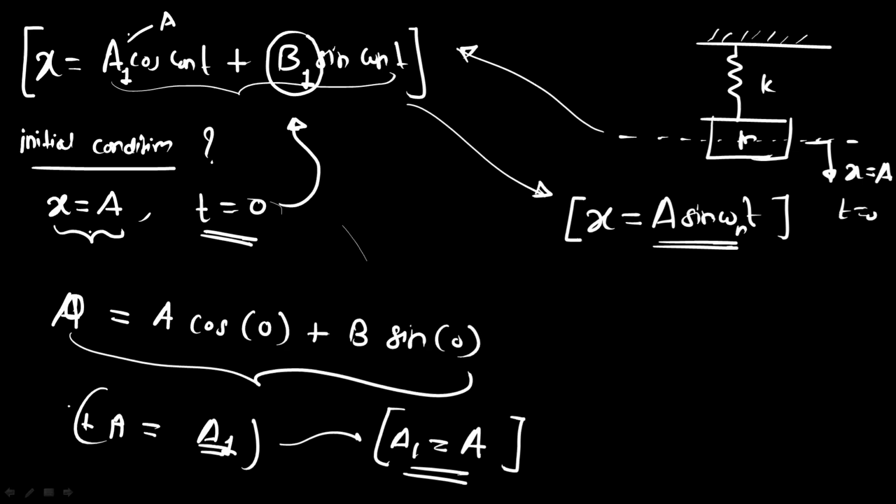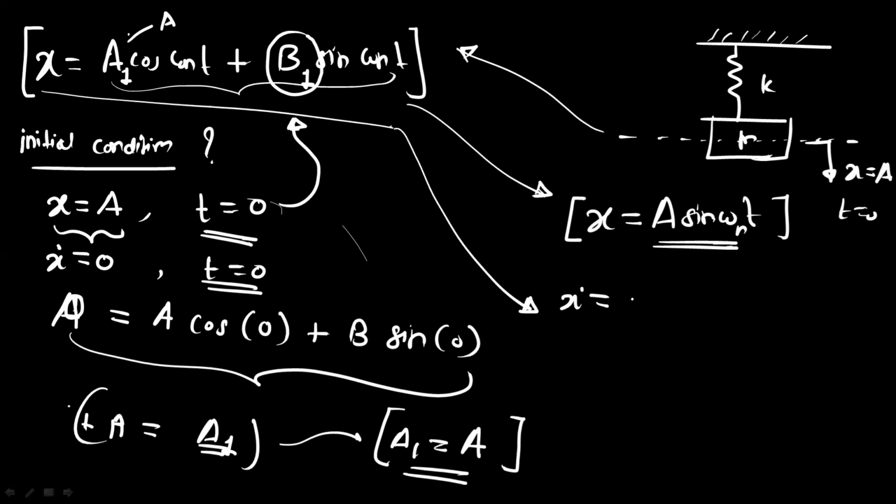We can calculate it with the same approach, using the velocity boundary condition. If the displacement is A, the velocity will become 0 when time t is 0. By using the second condition, we have to differentiate this equation. So x dot is equal to minus A1 omega n sine omega n t plus B1 omega n cos omega n t.